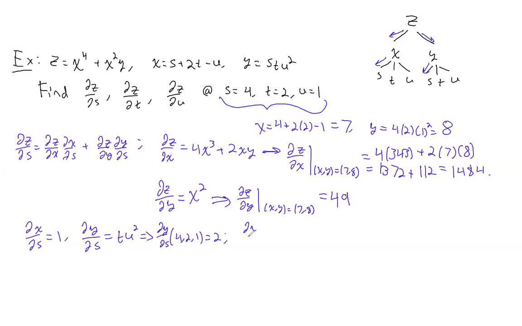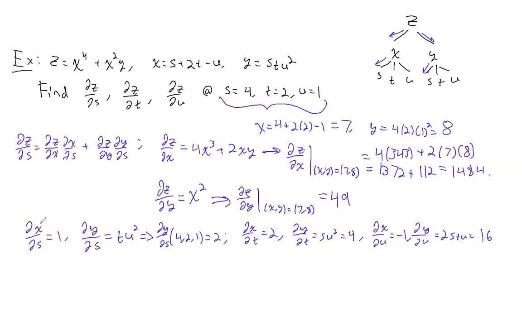We can say that ∂x/∂t is always going to be 2. ∂y/∂t is s u squared, which comes out to 4 when we plug everything in. And ∂x/∂u is -1. ∂y/∂u is 2stu, which comes out to 16.